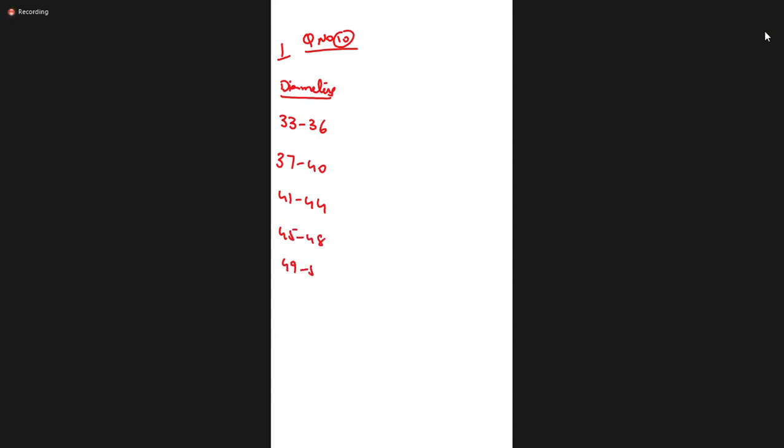That much only, no other values. So here we have to make some change. That is called modified class, because it is not in continuation. We have to make it continuous. What to do? We reduce 0.5 in the lower limit and increase 0.5 in the upper limit. Then automatically you will get continuation. You can observe that.